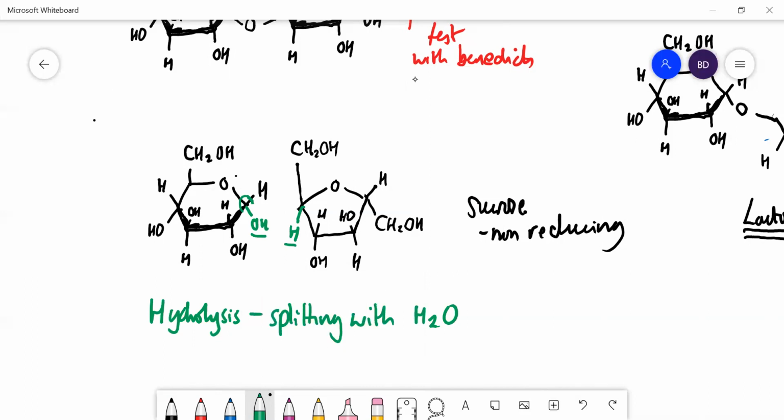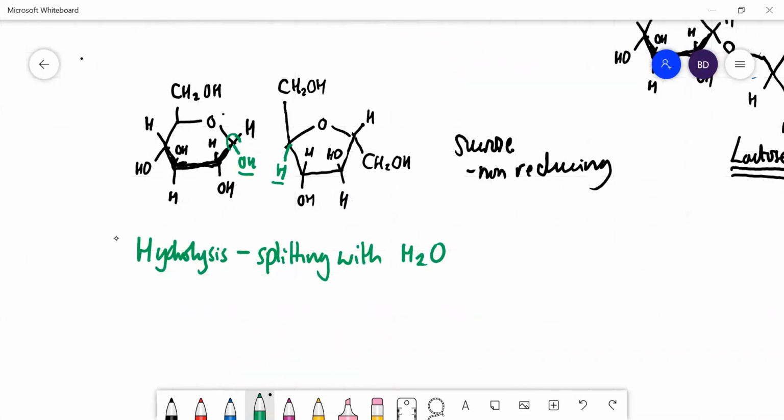Now, how does hydrolysis occur? Well, enzymes can do that. That's what happens in nature. Or you can do it in the lab by heating with acid. So if you've got sucrose, well, I've hydrolyzed it now because it's now glucose and fructose again.